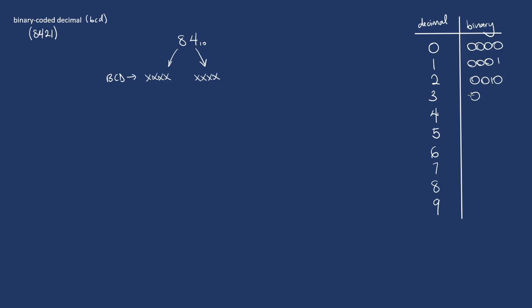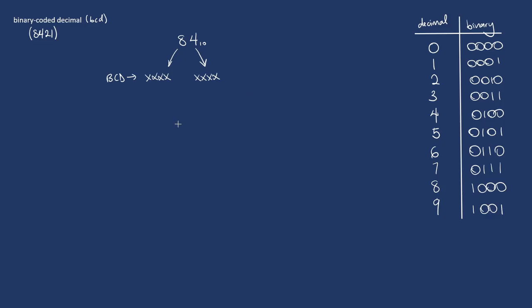This will be 0000, 0001, 0010, 0011, 0100, 0101, 0110, 0111, 1000, and 1001. So this is what you have. This is a very important step when working to and from BCD.